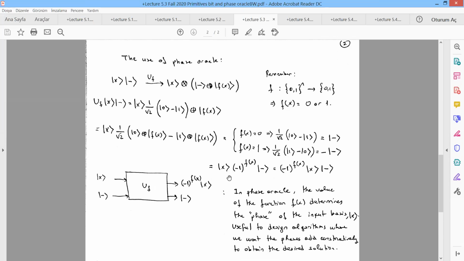So to summarize, this is a phase oracle. In the input, we have |x⟩ and |−⟩ as the ancilla bit.